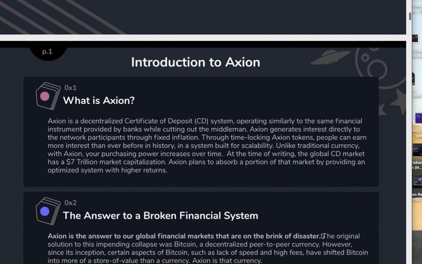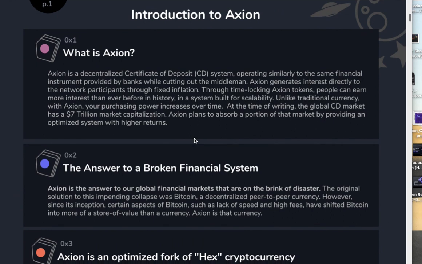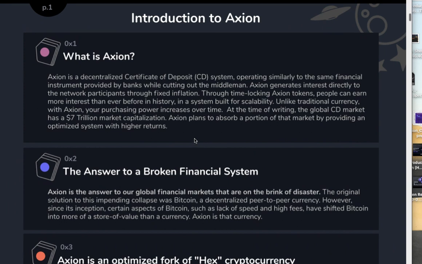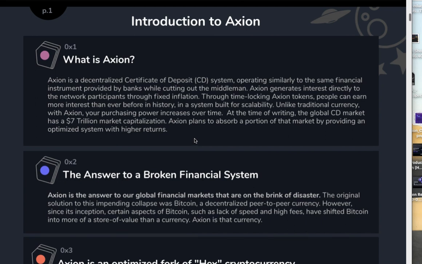So an introduction to Axion. Axion is a decentralized certificate of deposit system operating similarly to the same financial instrument provided by banks, cutting out the middleman. Axion generates interest directly to the network participants through fixed inflation. Right, so that's really the heart of it.